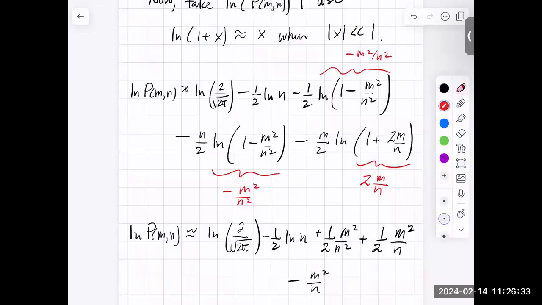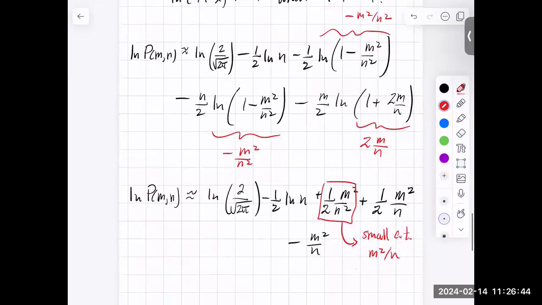Okay, so this one is small compared to m squared over n, and so we will ignore it. The last 2 terms can be combined, right? They're the same, they just have opposite sign and one has a 1/2. So the last 2 terms combine to be minus 1/2 m squared over n.